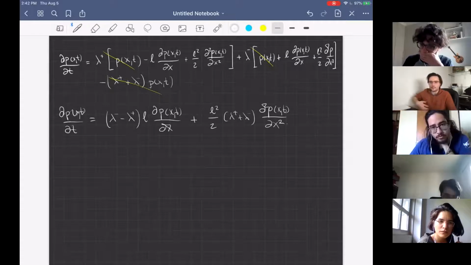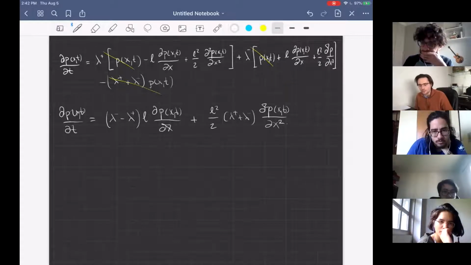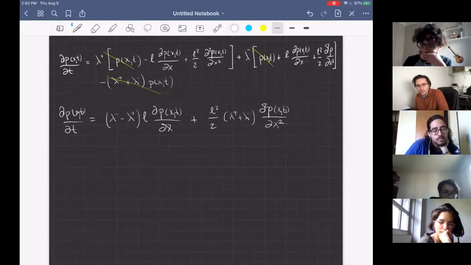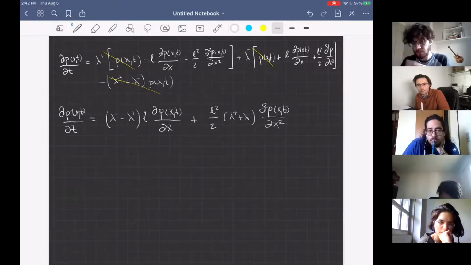So what did I gain by doing this expansion? Basically what I did was I went from an equation where jumps are a discrete variable of length L to an equation where my displacement is a continuous variable. So I transform a difference equation into a partial differential equation.